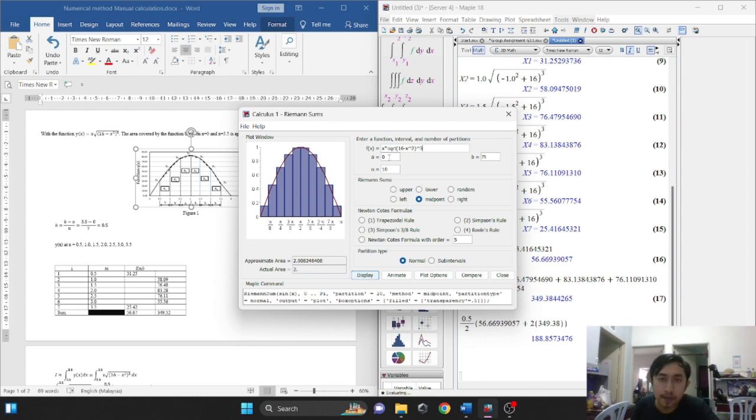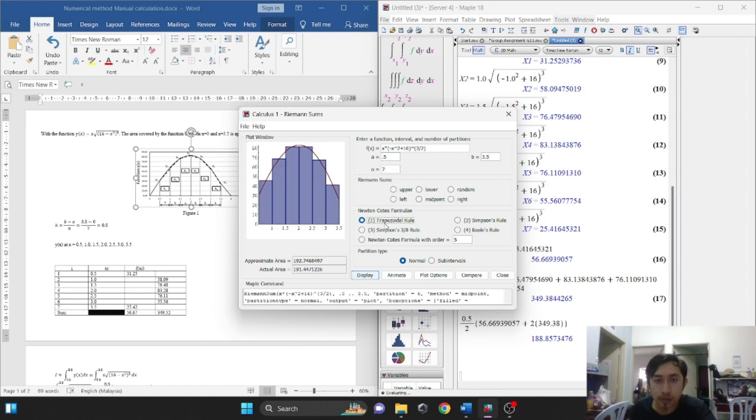So the a is 0.5, and b is 3.5, and n is 7. We choose trapezoidal rule and display.